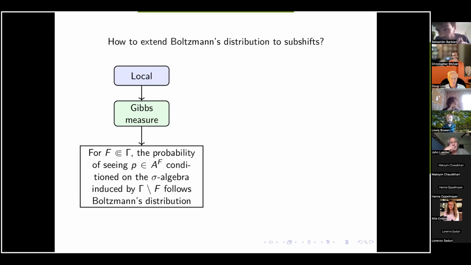I fix a finite subset F of the group, and I'm going to ask that the probability of seeing a pattern in those positions conditioned on the sigma algebra on the complement of F follows Boltzmann's distribution on allowable patterns. So every pattern that could go there, I look at them all, and I want them to follow Boltzmann's distribution. So that's going to be a local way of extending this notion into subshifts, and that's going to lead to a notion called Gibbs measure.